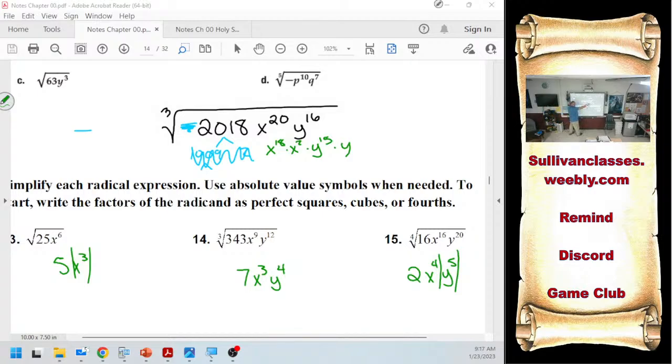This skill is an awful lot like what we did with our eyes, that ring, where we wanted to break things up and have them divisible by 4, our exponents. Very similar skill. I get an x to the 6th come out. I get a y to the 5th come out. I'll have an x squared and a y left inside. Well, a 2018 with it.